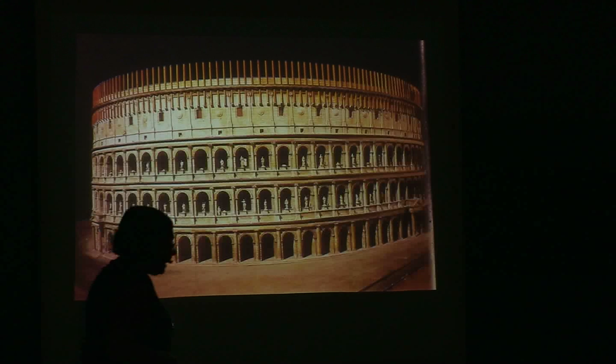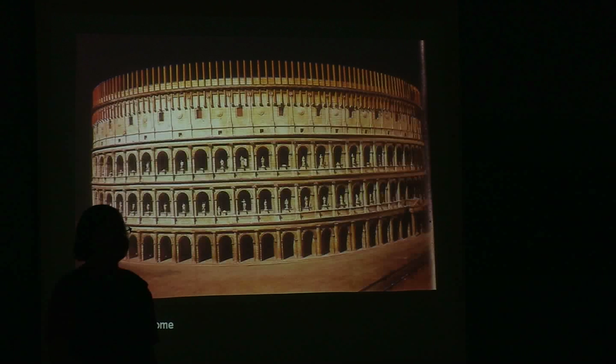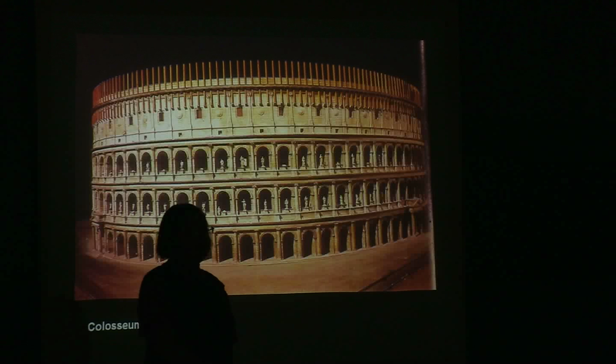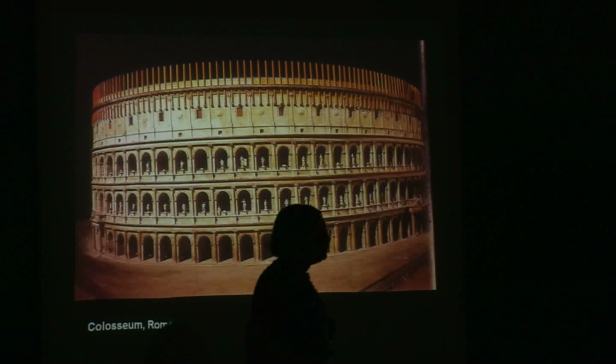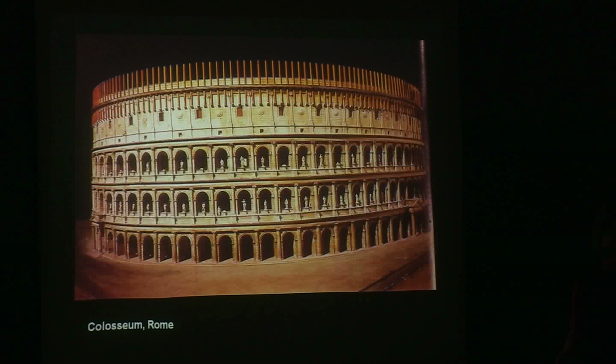It was a circular oval building, more oval than circular, and its primary purpose was to provide an arena for wild beast shows, shows where wild animals like lions, elephants, hippopotami, rhinoceros, hyenas, tigers, I mean all the animals that we see in the savanna today in Africa, could be brought to Rome, and then bloody spectacles would take place with these animal fights.